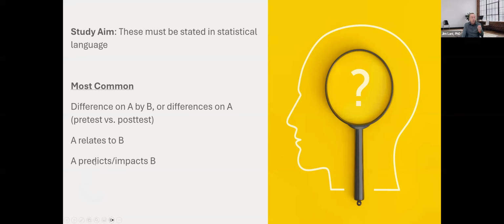Or does A predict B or impact B? Things of this sort. So these are the most common, and this covers lots and lots of tests, by the way. So you have to kind of know in your brain what kind of relationship between these variables we are seeking to get to.